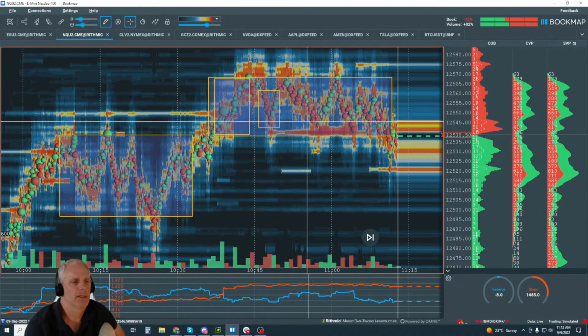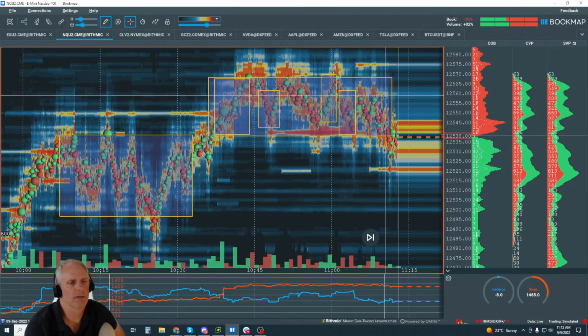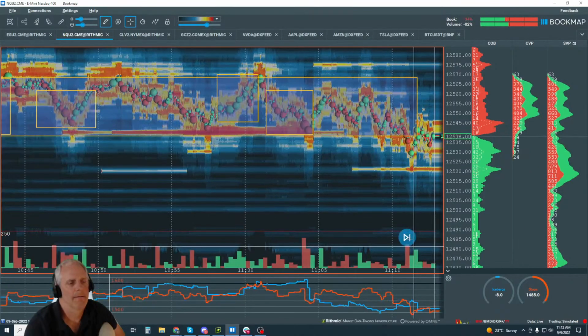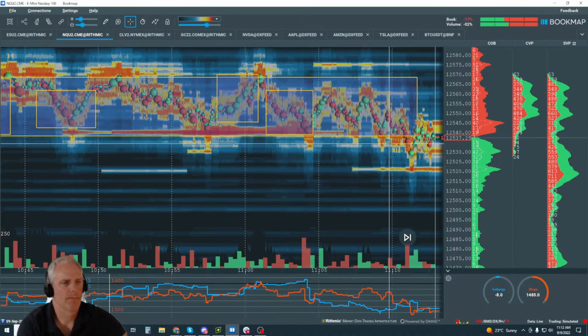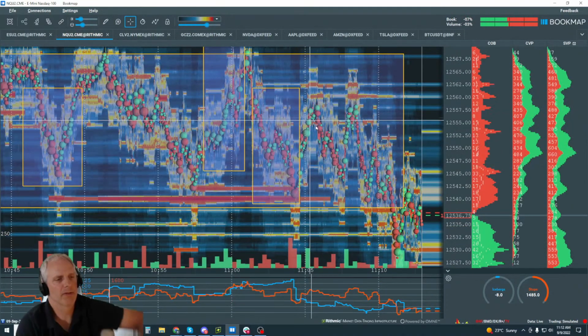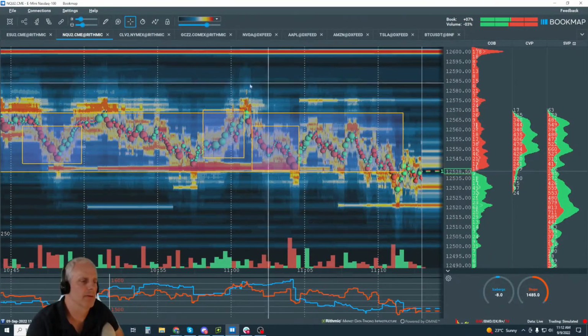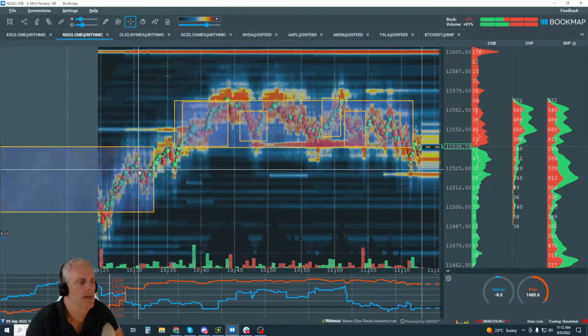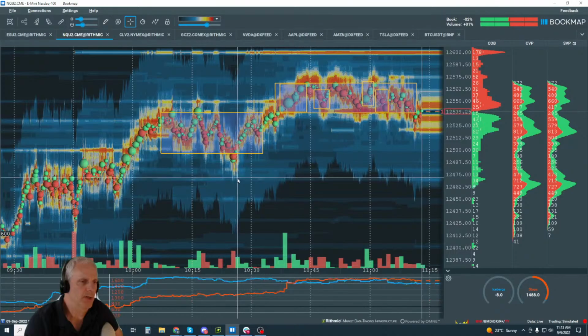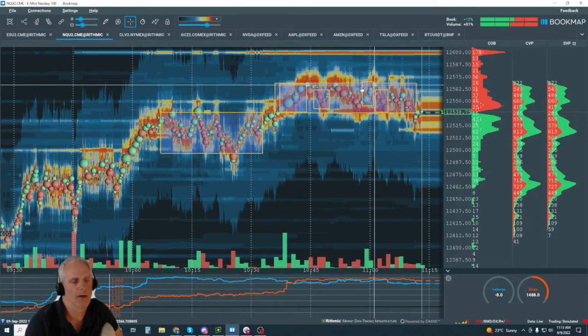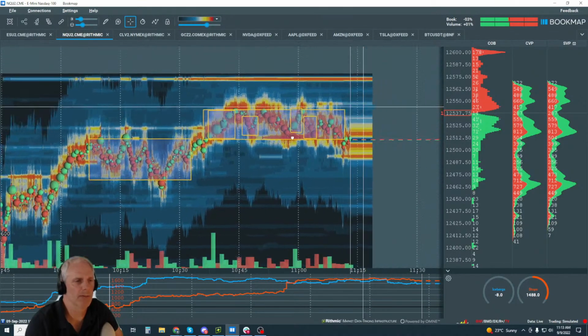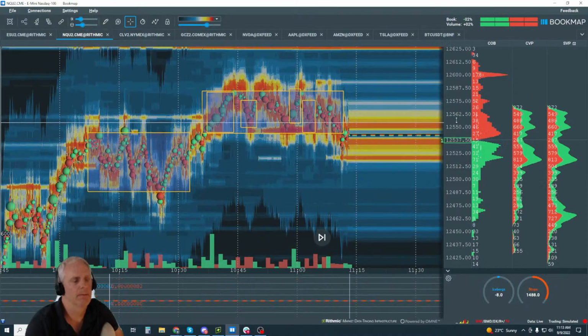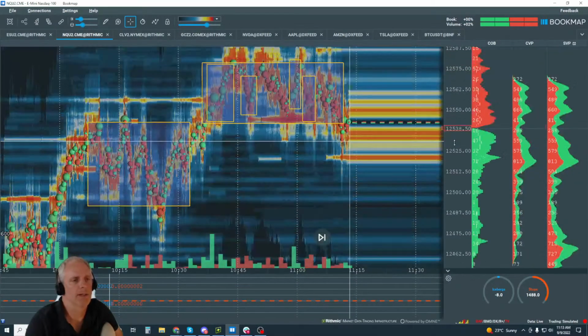Okay, sellers, buyers, sellers. And this would be your Wyckoff, distribution markup, or I'm sorry, accumulation markup, distribution markdown, or maybe continuation.